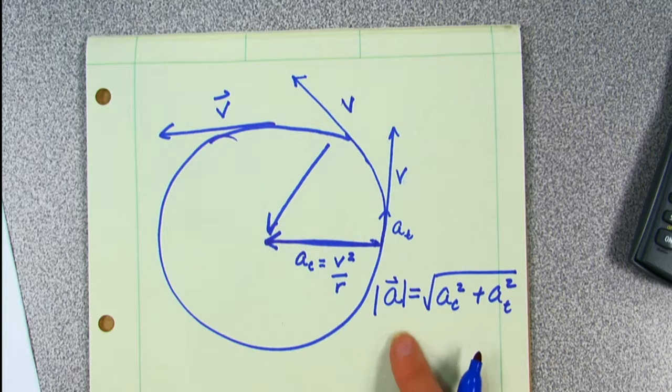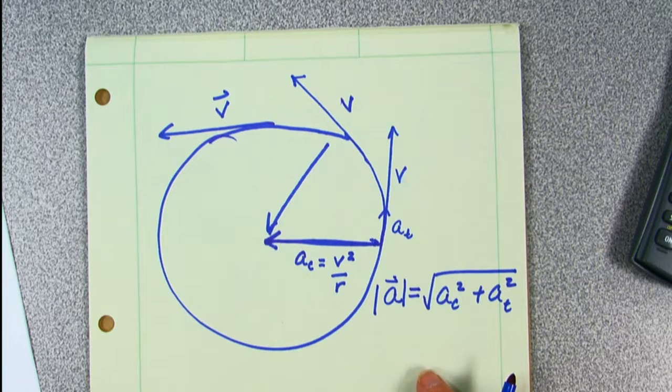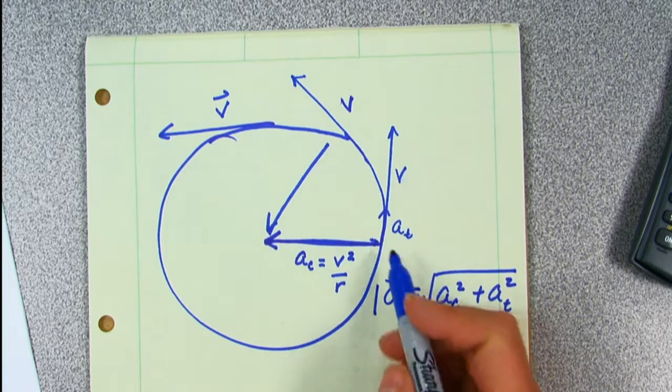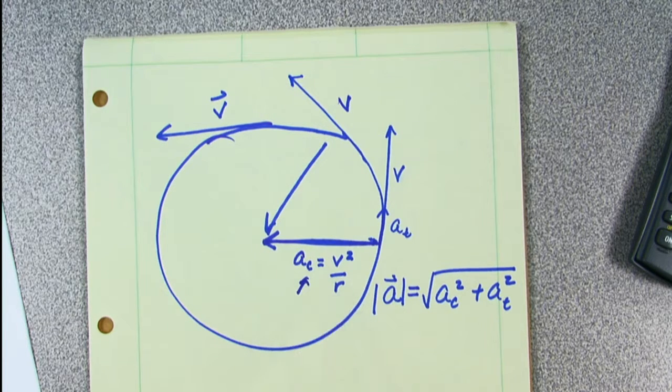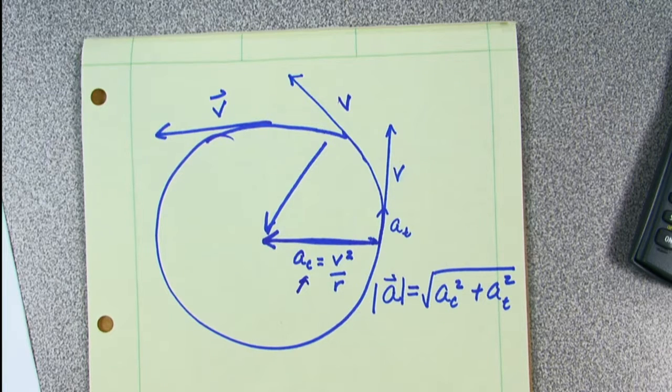So we have two different types of acceleration that we have to consider when we're traveling around the circle. That's why things get complicated. But the centripetal acceleration piece gives me my artificial gravity if I'm spinning in a satellite, or it allows me to run the human loop that we saw before, or it allows a car to hit the loop-to-loop, because I'm going to be able to balance that out and work with it.